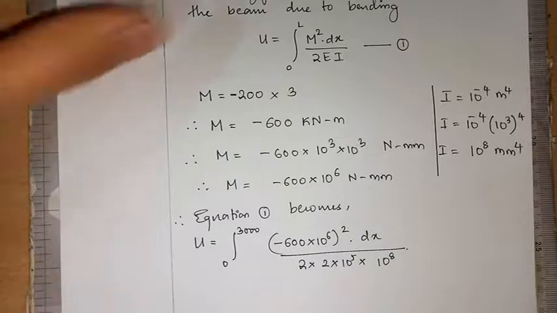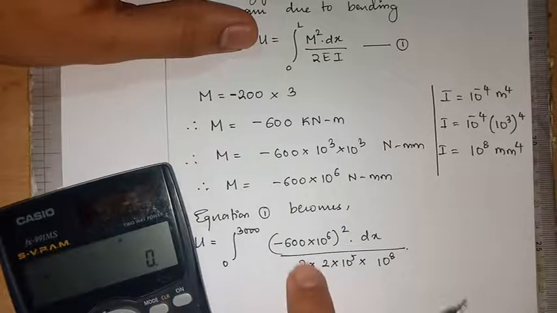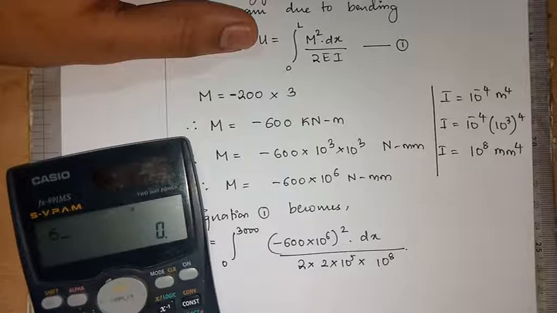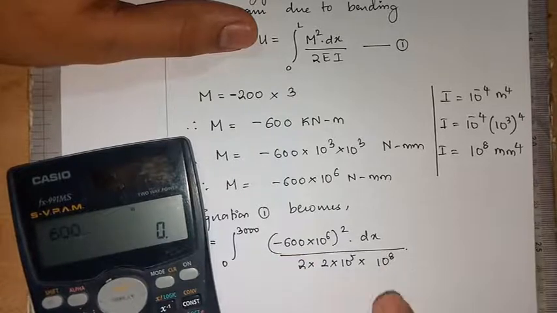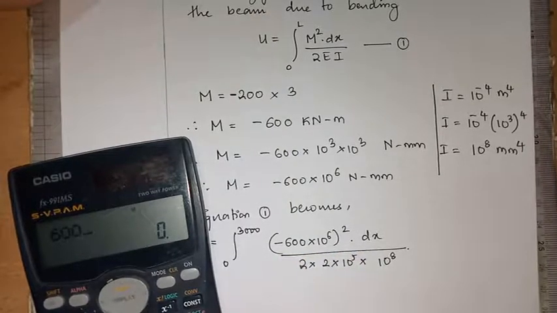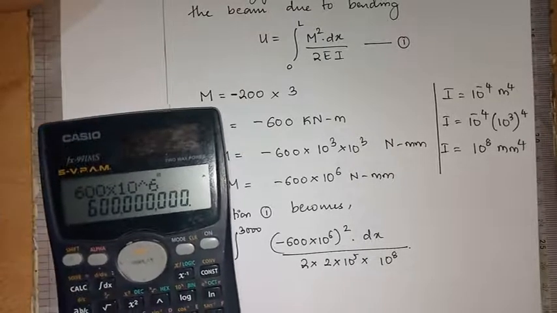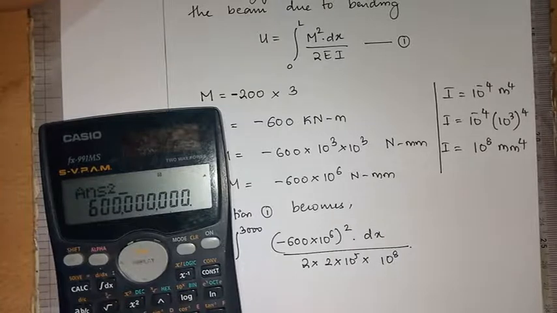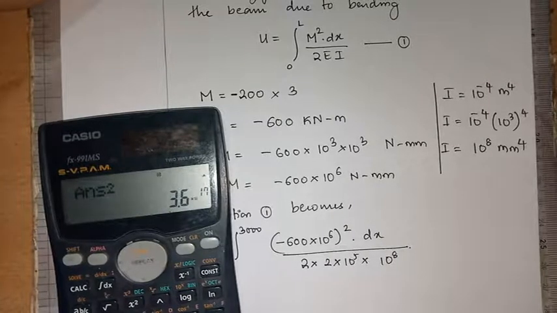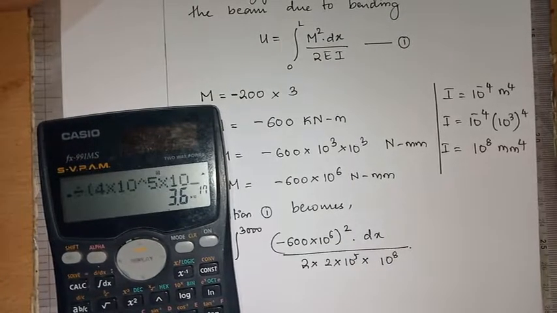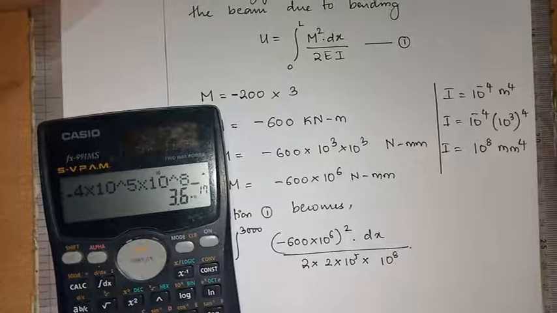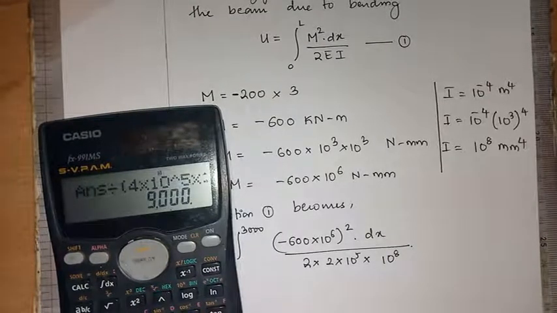So all these constants, first let me simplify and keep them out. 600 minus squared will be plus itself, so I'll not consider this minus sign, into 10 raised to 6, and this value I have to square, divided by 4 into 10 raised to 5 into 10 raised to 8. So I'm getting the value as 9000.